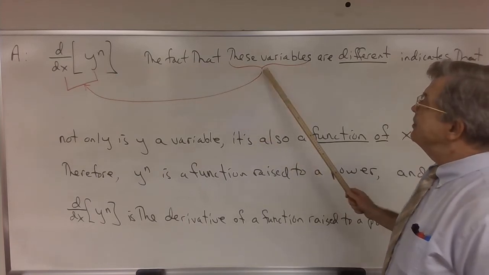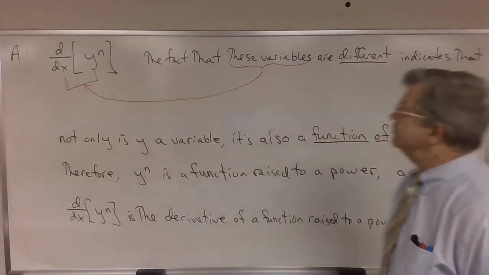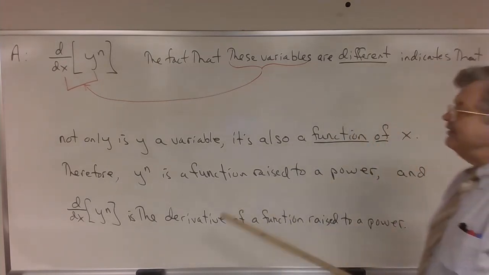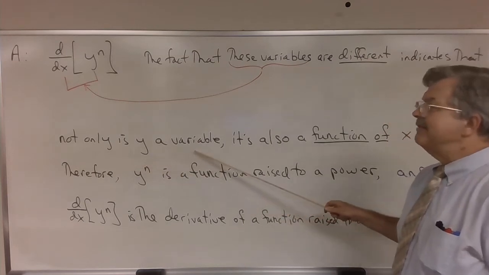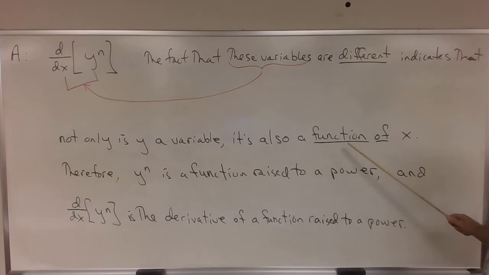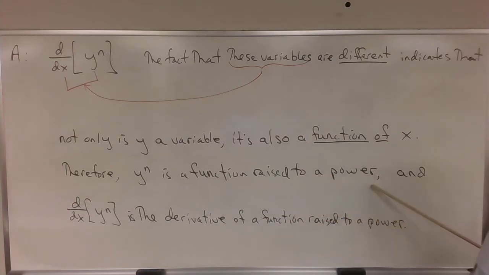The fact that these variables, x and y, are different variables indicates that not only is y a variable, but it's also a function of x. And therefore, y to the n is a function raised to a power.